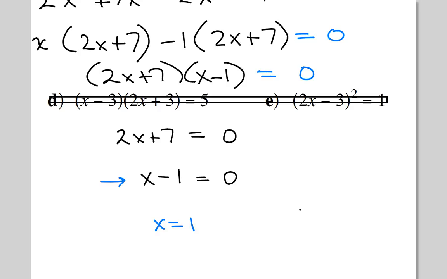X equals 1. But the first one, a little bit more challenging. What if that 2 wasn't there? Negative 7. How do you get rid of a 2? So negative 7 halves for that one. If you don't believe me, take the positive 7, put it over here, it becomes minus 7, and then divide by 2.